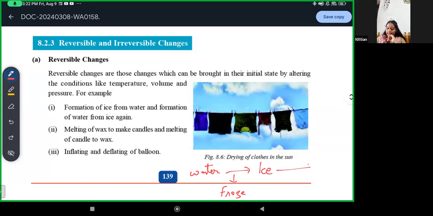Then this ice, I put at room temperature, and what will happen? It will again become water.